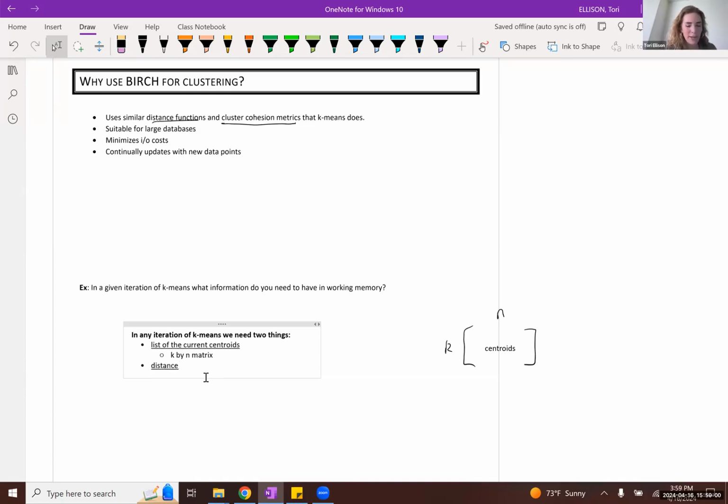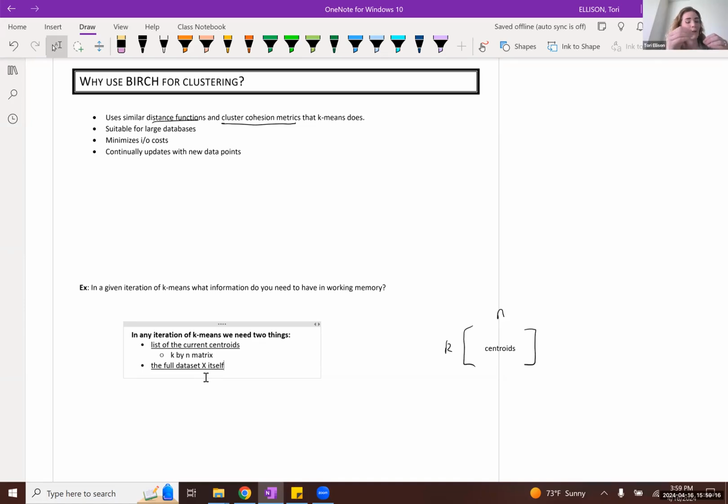But what I'm trying to get at is that we would actually need to have the full data set X itself, right? In any given iteration, we can't take a portion of our data set and just put it aside.